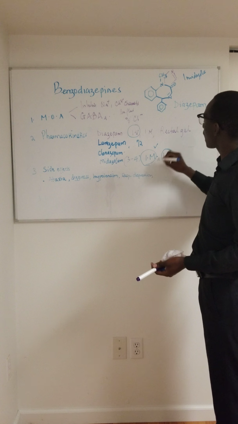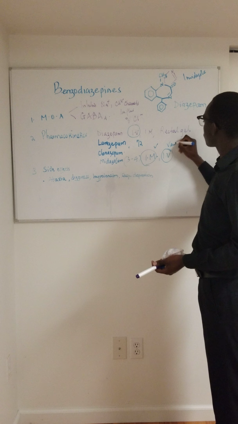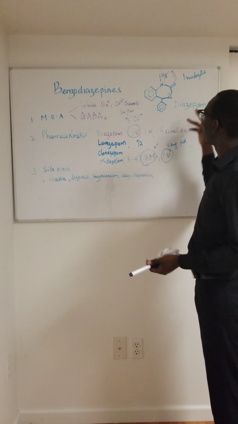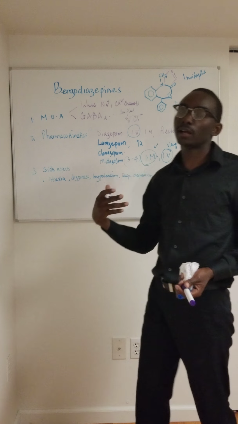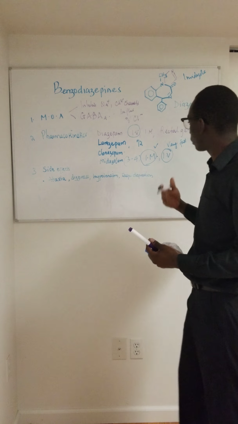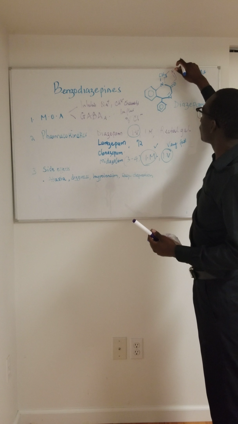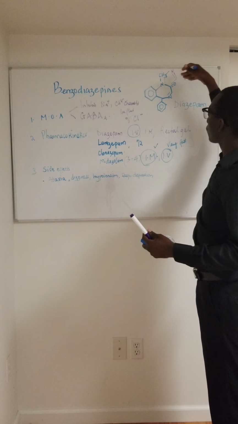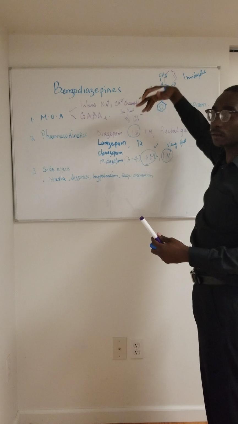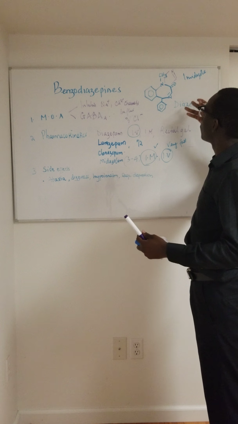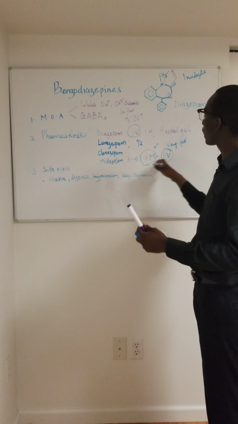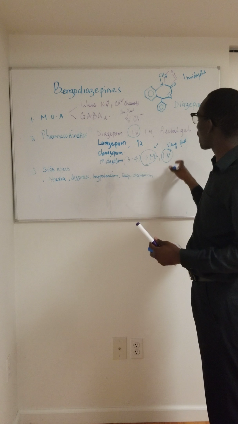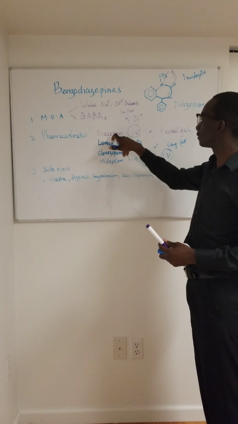And its IV has a very fast onset because it is lipophilic. When it's at a physiological pH, it is lipophilic, whereas at a low pH, it is hydrophilic. So this drug can be used at any time, either IM or IV, as well as diazepam.